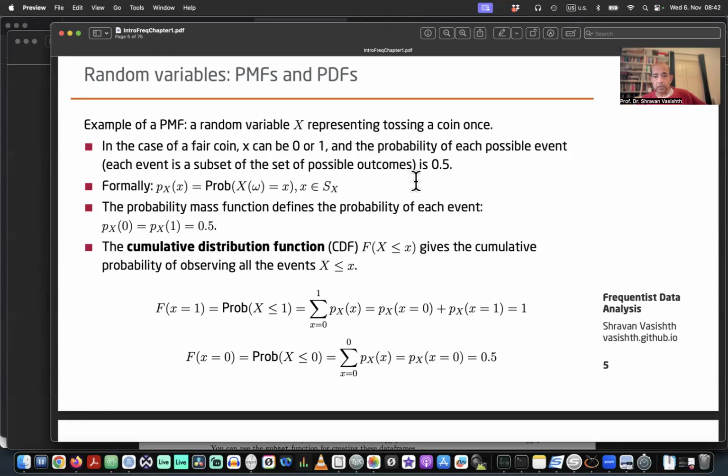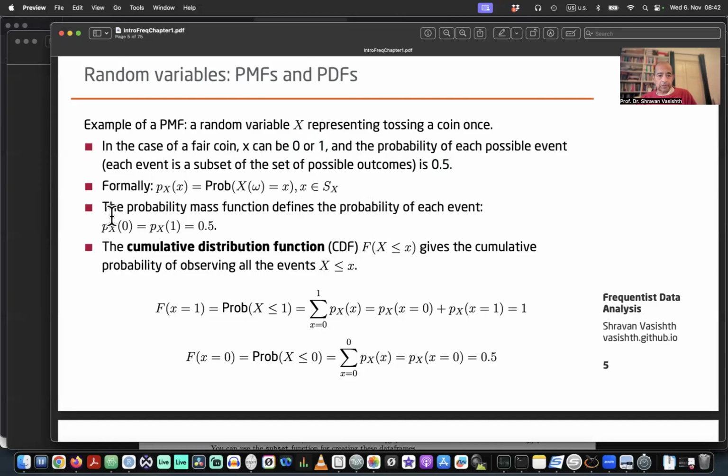So here, what I'm talking about as events is this 0 or 1 that we get, anything that can happen in a particular experiment, right? So the probability will be determined by the probability mass function. So let's decide for now, because it's a fair coin, heads and tails are equally likely. So let's say the probability of each of those two things that can happen is 0.5. Okay.